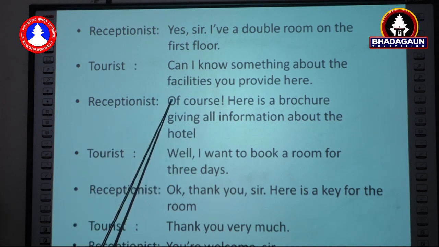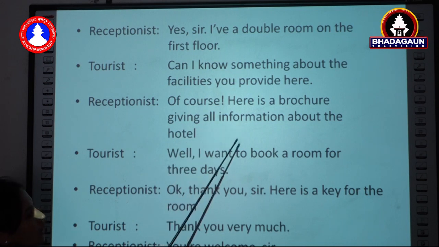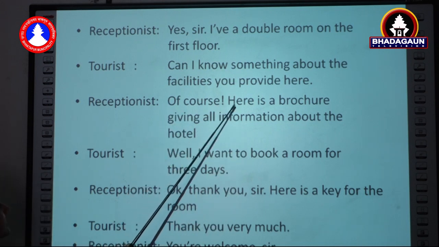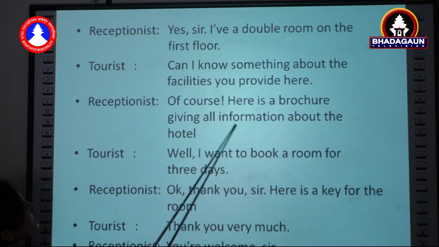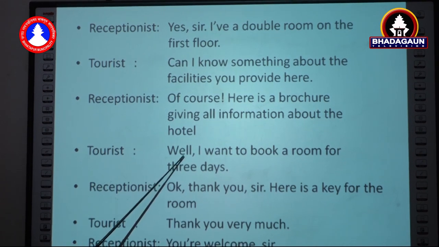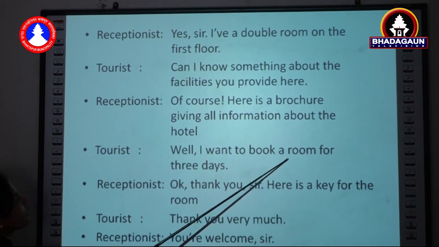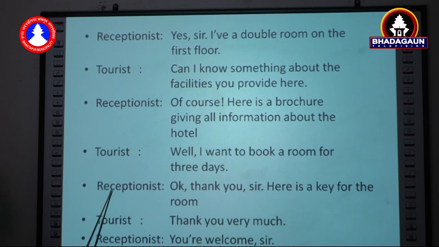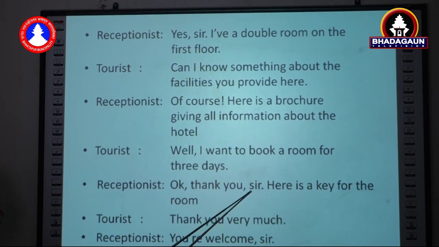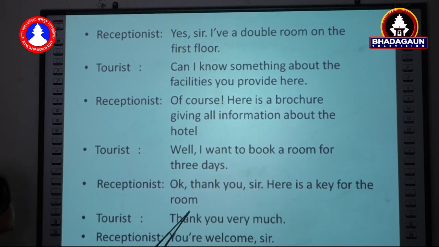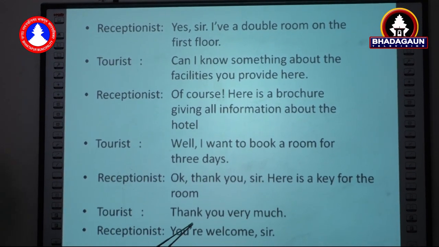Polite word, another polite word, of course. Instead of saying, okay, you can read the brochure, she says, of course. Here is a brochure giving all information about the hotel. The tourist says, well, I want to book a room for 3 days. Okay, thank you sir. Here is a key for the room. The tourist says, thank you very much.